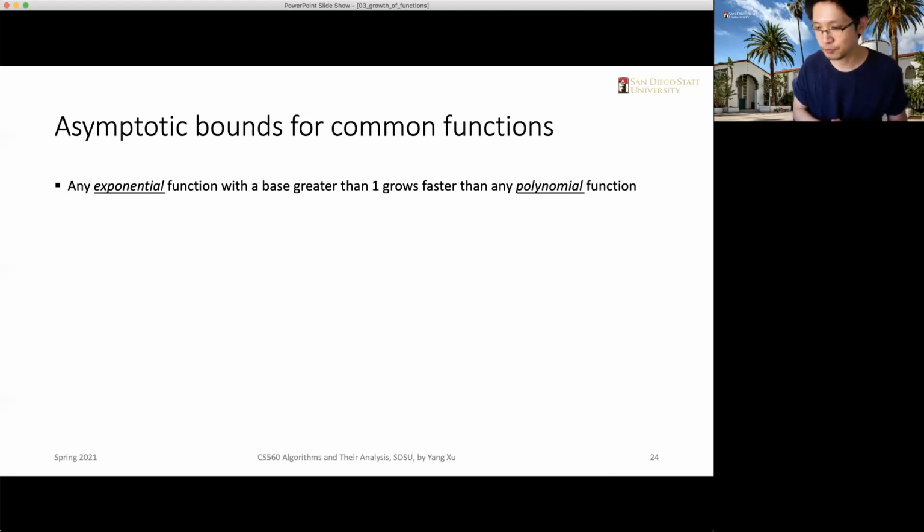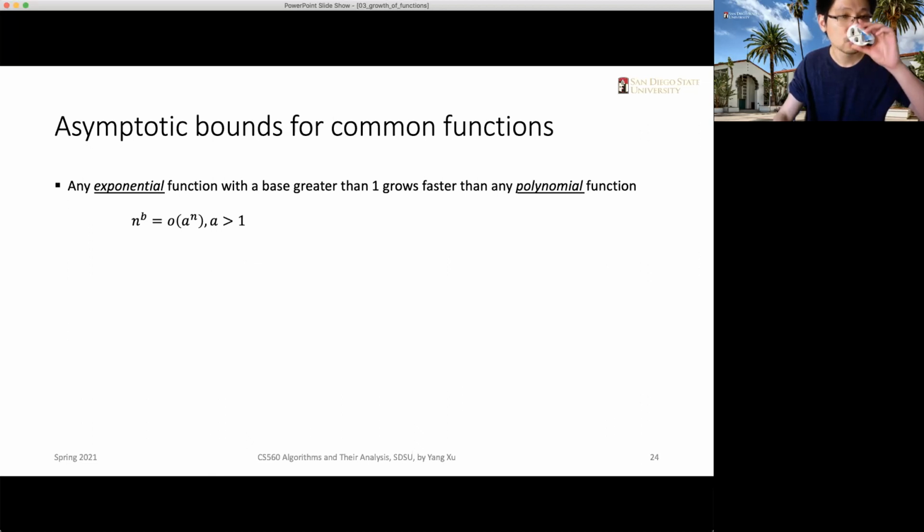This is something we want to keep in mind, because when we design algorithms, no matter how small the base is, as long as it's greater than 1, it is not good news for us because it grows really fast.